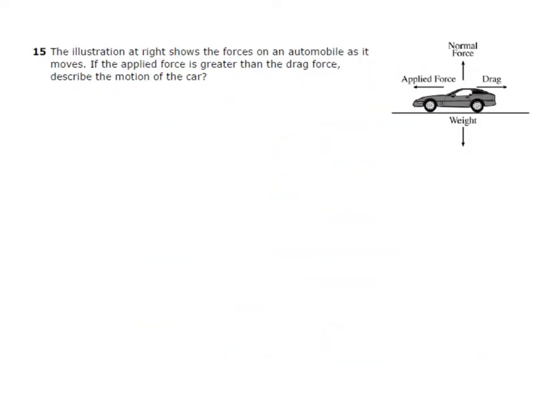Number 15, the illustration at right shows the forces on an automobile as it moves. If the applied force is greater than the drag force, describe the motion of the car. So in this case, the applied force is bigger than the drag force. Okay, you can lock. That means that the net force is in this direction, which means that there is acceleration in this direction.